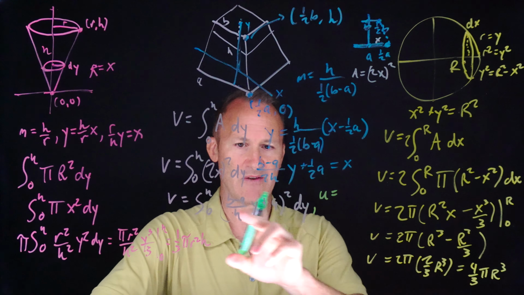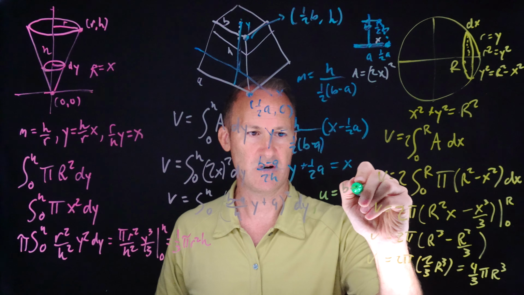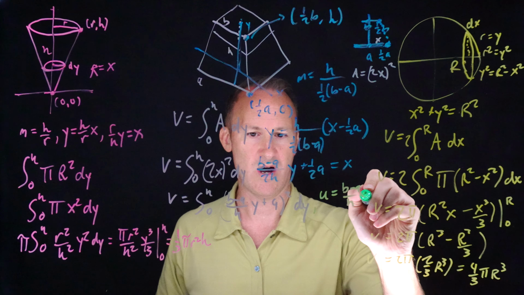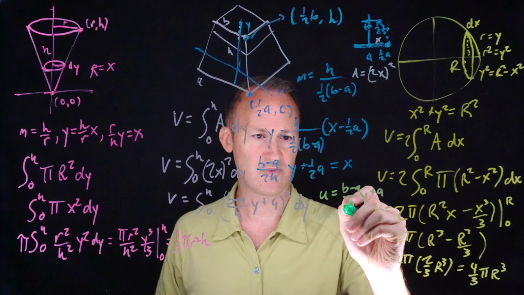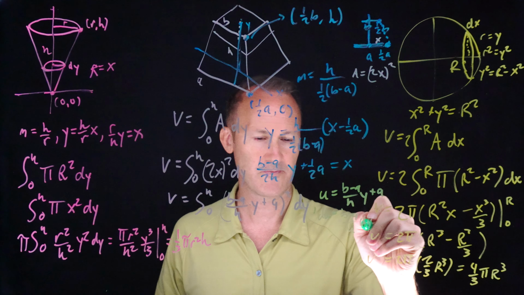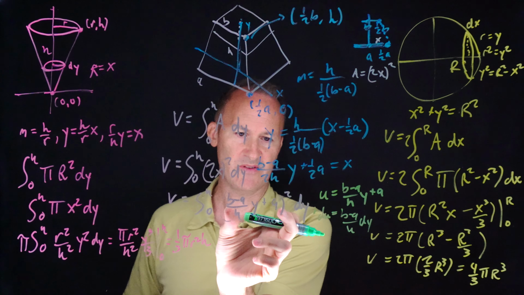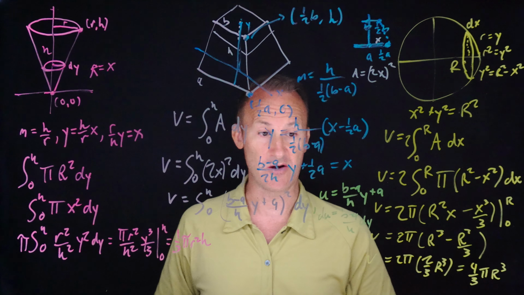I think we want it to be everything in the parentheses. So we want u to be b minus a over h y plus a, and then what's du? Du is just b minus a over h dy. Right? Now we're putting this into the parentheses. We don't have this, and so we're going to need to pull it out.